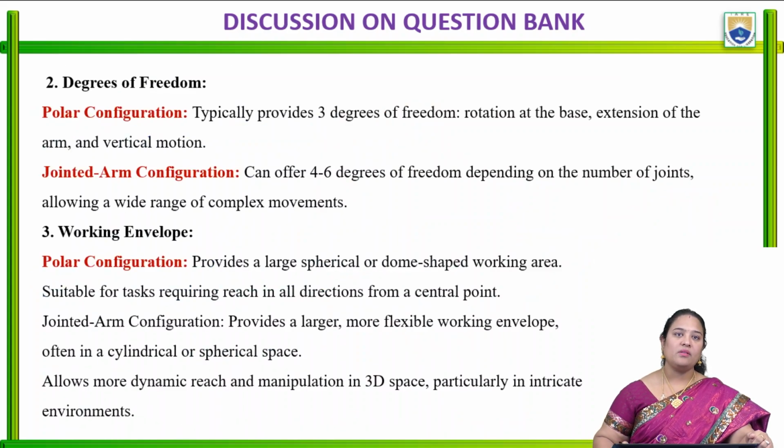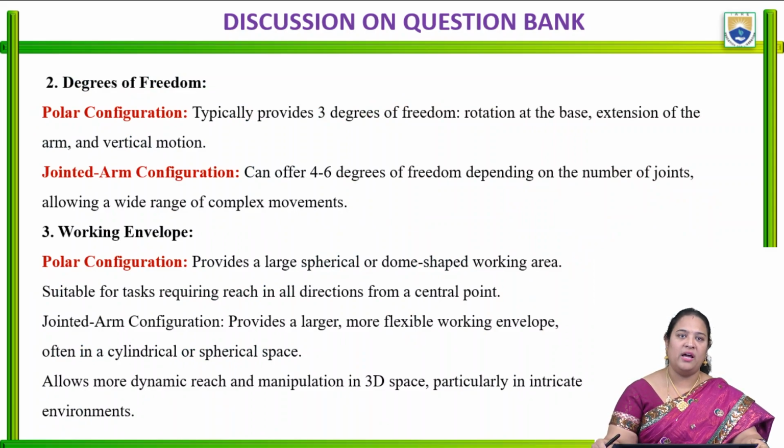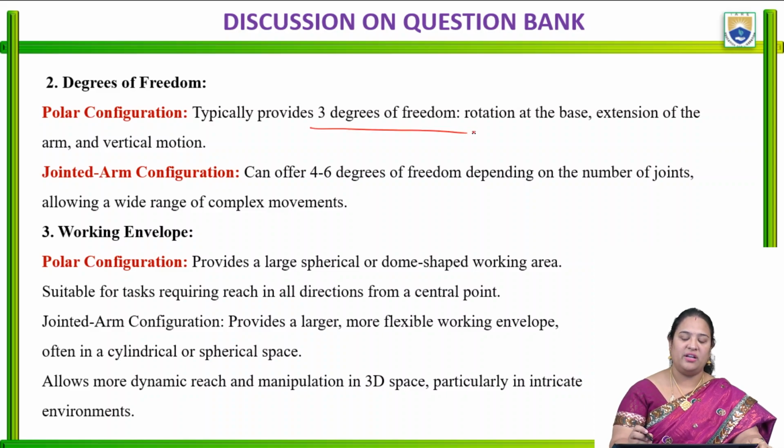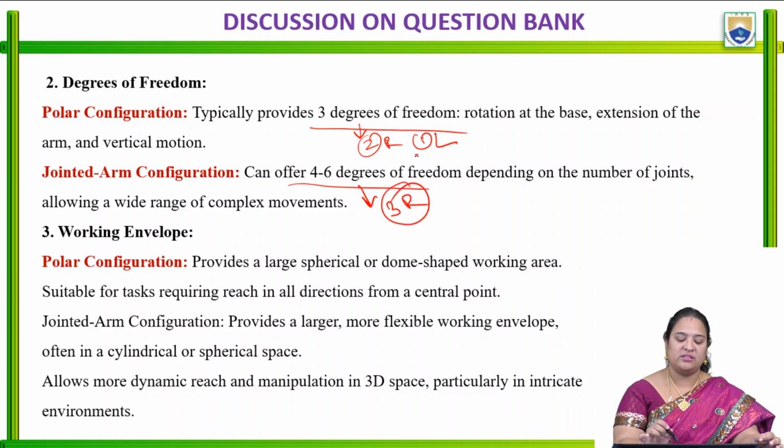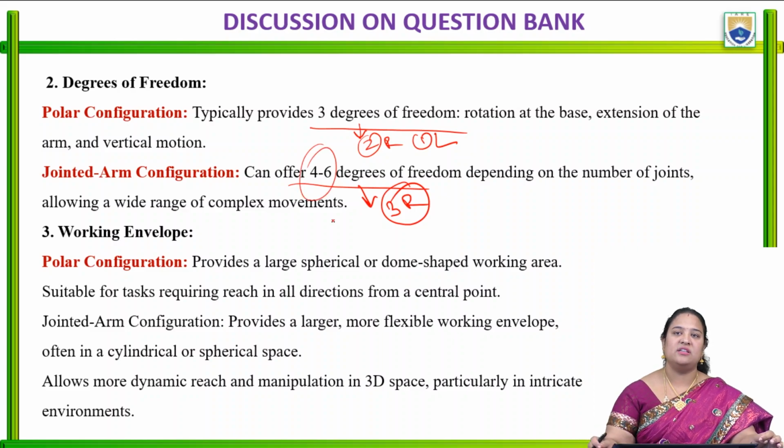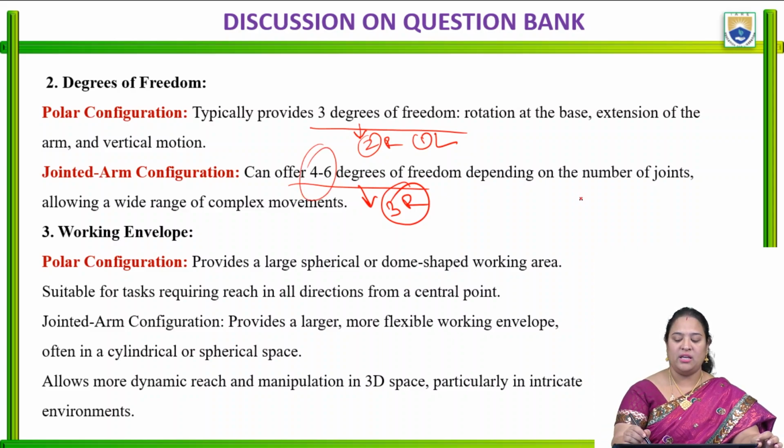Right? Now, when we come to the degrees of freedom for the polar and the jointed arm, the polar has 3 degrees of freedom, whereas the jointed has 4 to 6 degrees of freedom. Why do we have only 3 degrees of freedom here? Because it has 2 rotational and 1 linear, whereas here all the movement of the robot is only in the rotational direction. So it will have 4 to 6 degrees of freedom depending upon the number of joints, right?